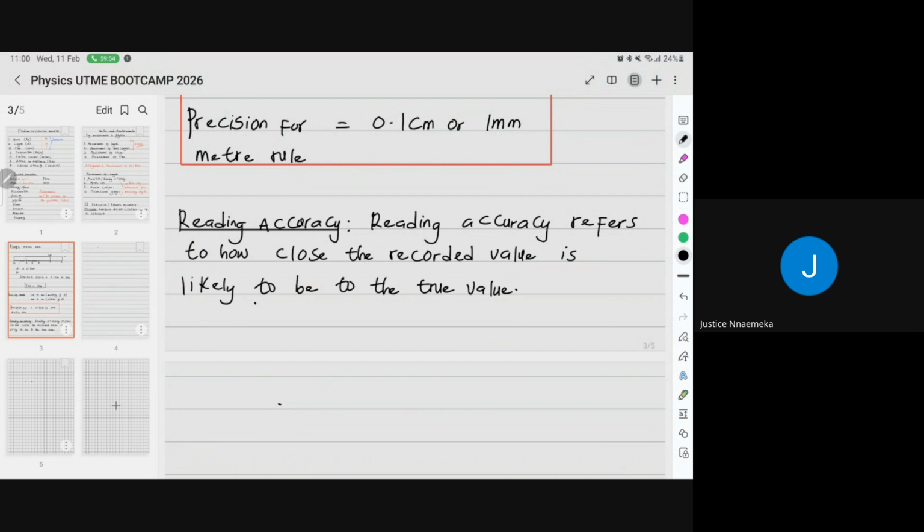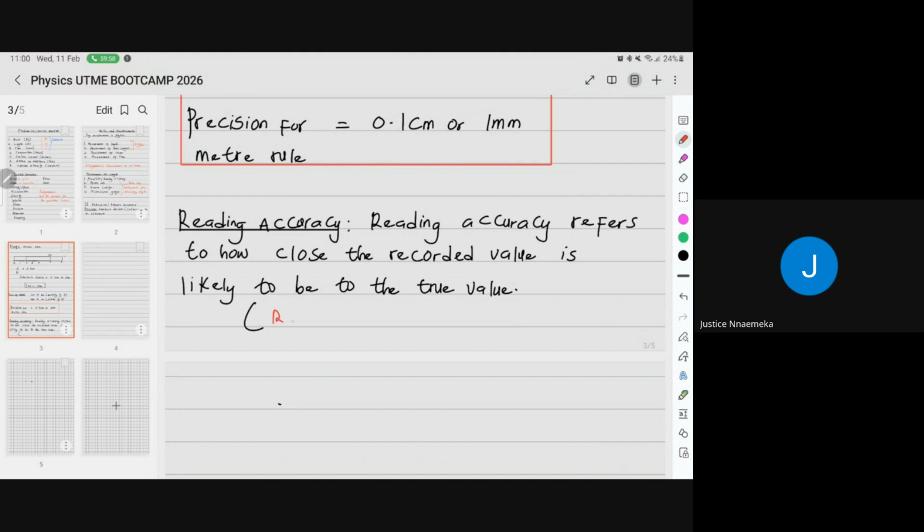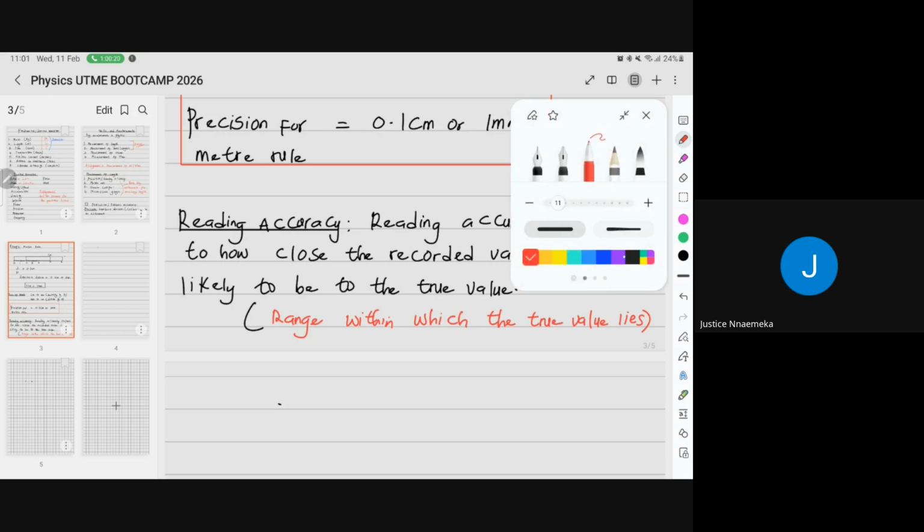And I said it is simply the range within which the true value lies. Are we together? So it is where that true value lies. And I've given you an example for that. And we have a formula for it.